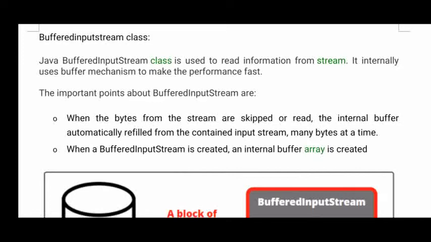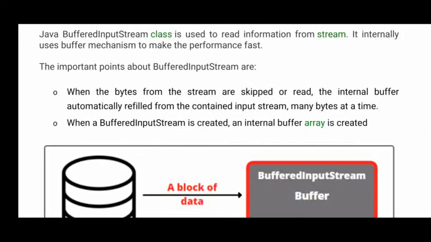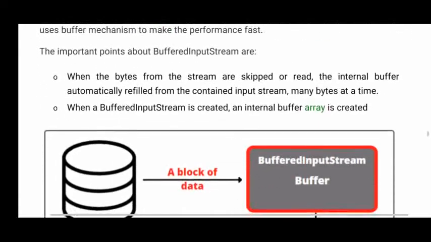It is also used to read a sequence of characters. But here it internally uses a buffer mechanism to make the performance fast. Whenever you use a buffered class, a few bytes of memory are given so that you can store values into it. That is nothing but buffering, and that process is used by the buffered class.